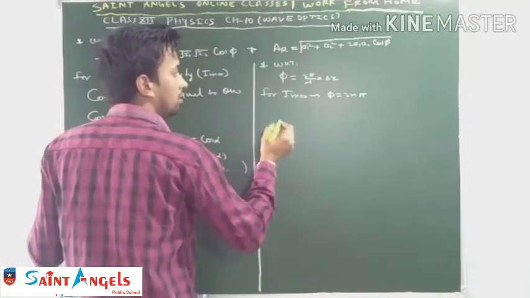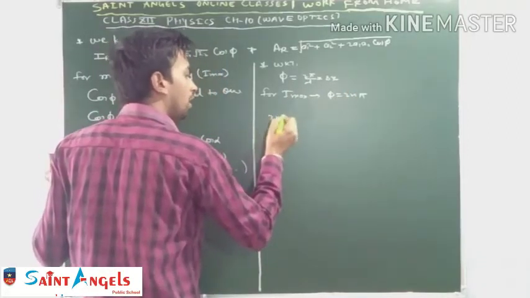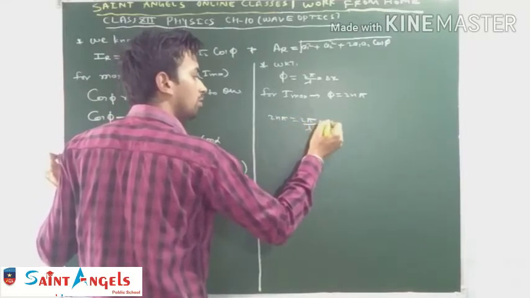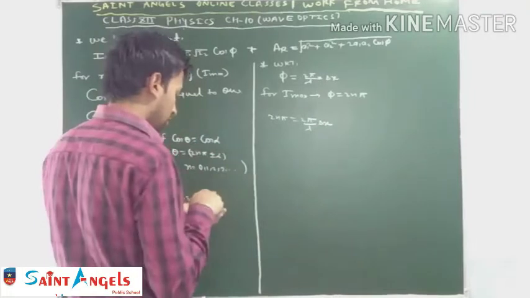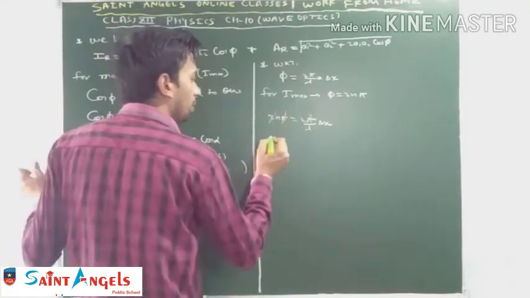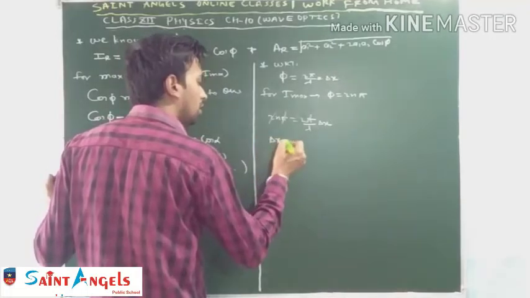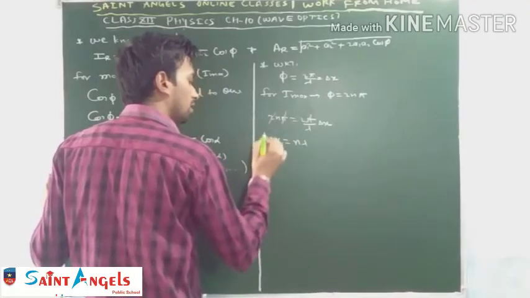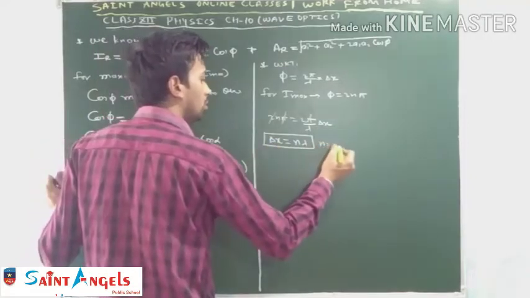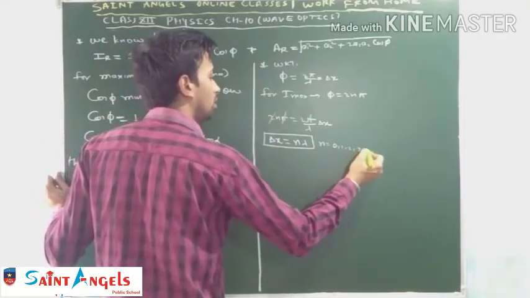That's why 2n pi equal to 2 pi upon lambda into path difference. 2 pi cancels, and we have path difference delta x equal to n lambda, where n equal to 0, 1, 2, 3, and so on.